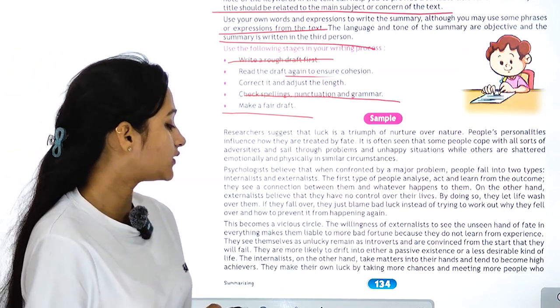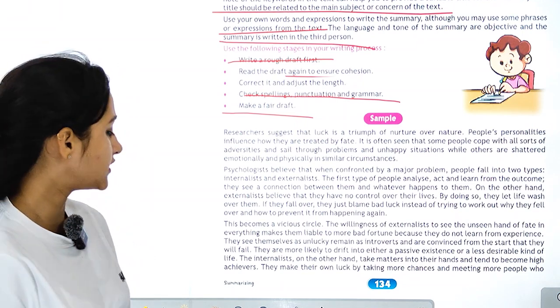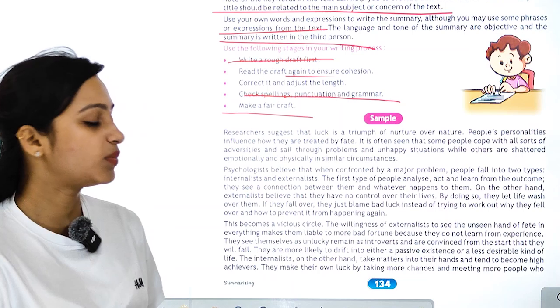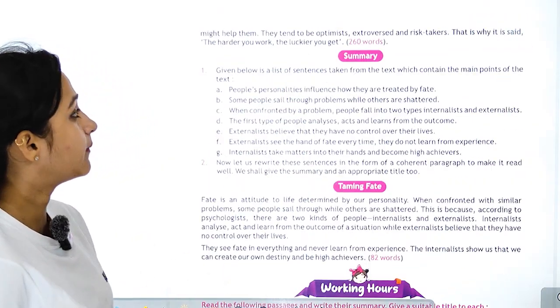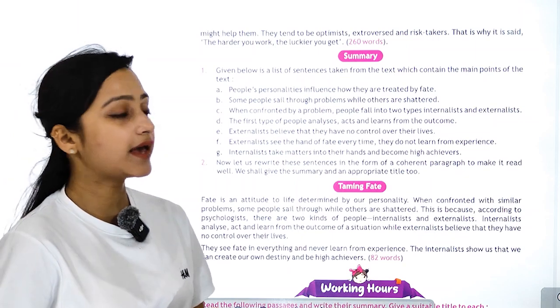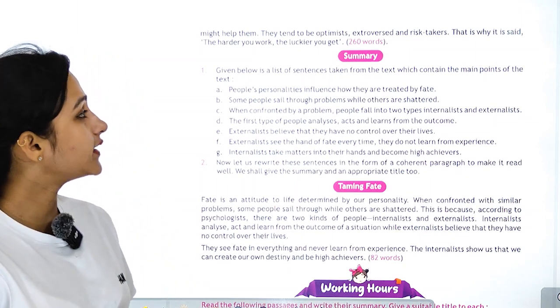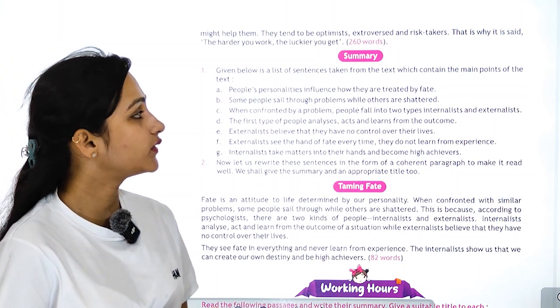The internalists, on the other hand, take matters into their hands and tend to become high achievers. They make their own luck by taking more chances and meeting more people who might help them. They tend to be optimists, extroverts and risk takers. That is why it is said, the harder you work, the luckier you get.